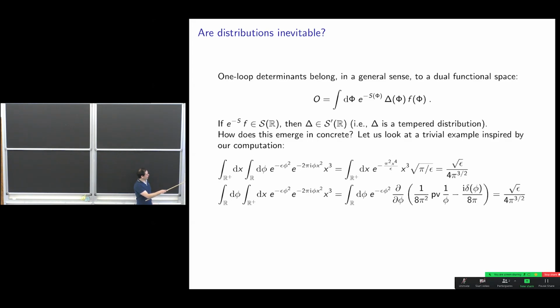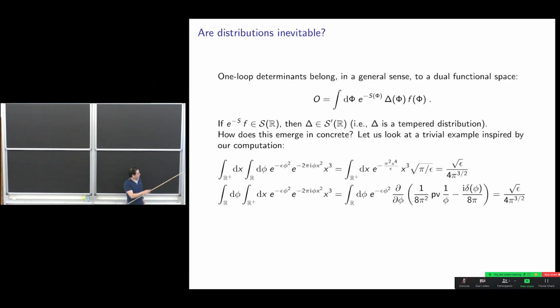Well, all right, you perform the integral over phi, and this gives you something which, upon a trivial change of variables, becomes a Gaussian integral. You perform the Gaussian integral, and you find the result. Okay, this is like calculus 1.